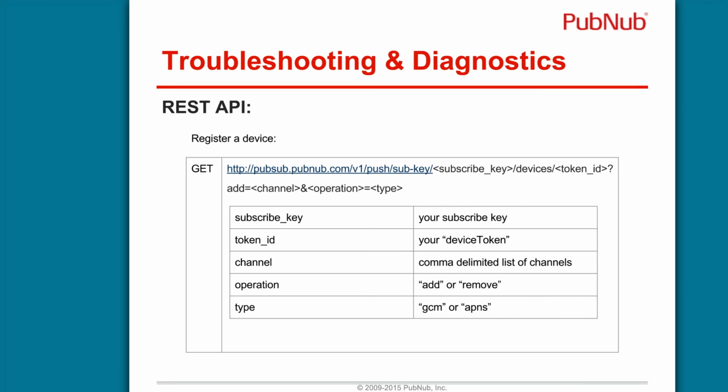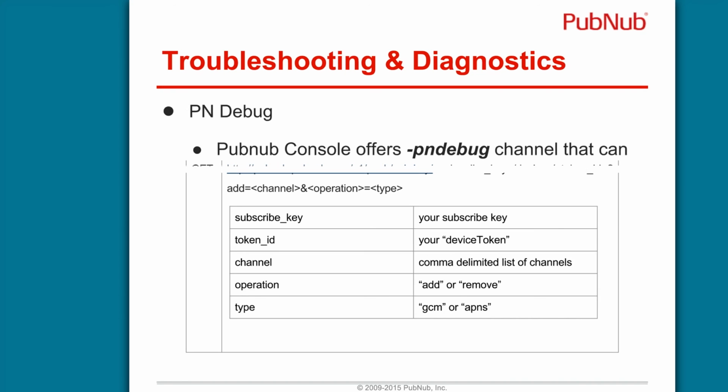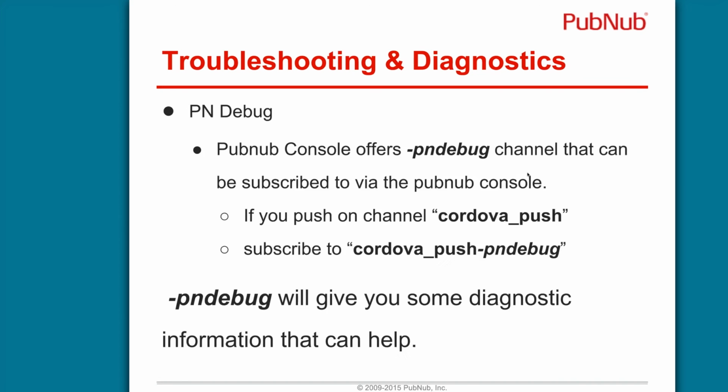Many times, either that step is not being done or it's done too early in the process. As a result, the device ID isn't there when you call register, and it errors out. These two REST endpoints will allow you to very quickly go into your solution and pull up a list of the channels or devices that are registered, so you can determine if that step has actually been done successfully. Which is why I added them here.